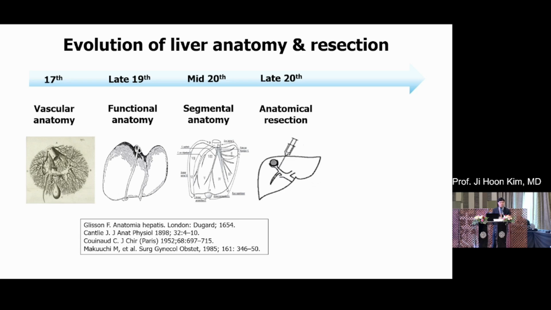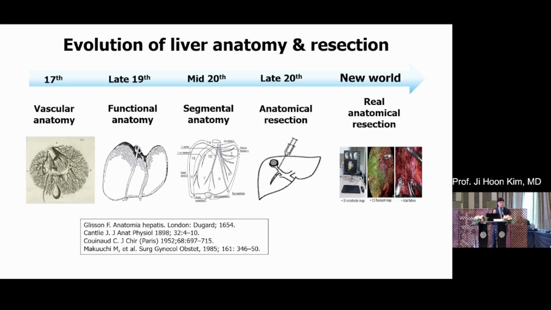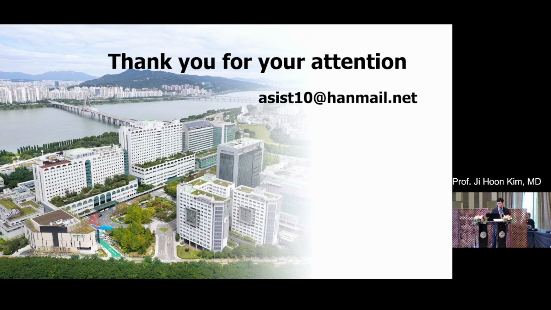In 1985, anatomic liver resection was proposed by Makuuchi. And this era is a new world where real anatomic liver resection is opened thanks to recent technology. Thank you for your attention.